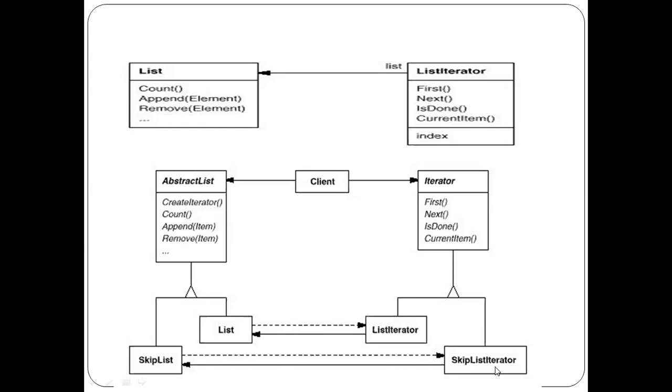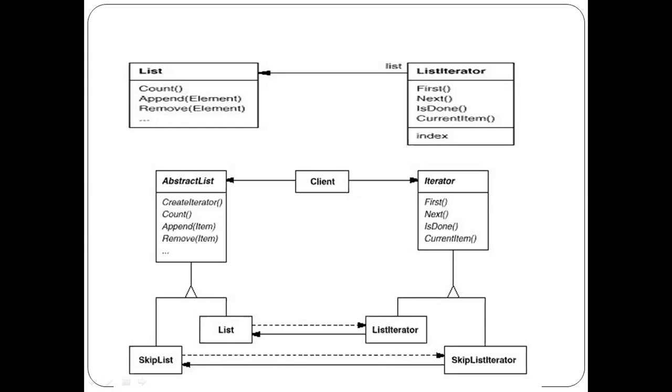Each can have its own iterator. So iterator is derived from the abstract iterator class: list iterator, which is connected with the list type, and skip list iterator, which is connected with the skip list.